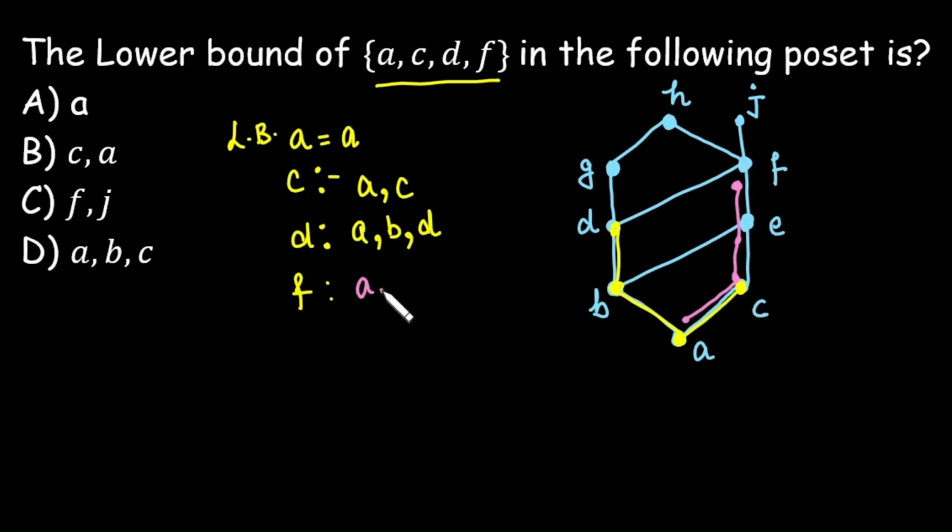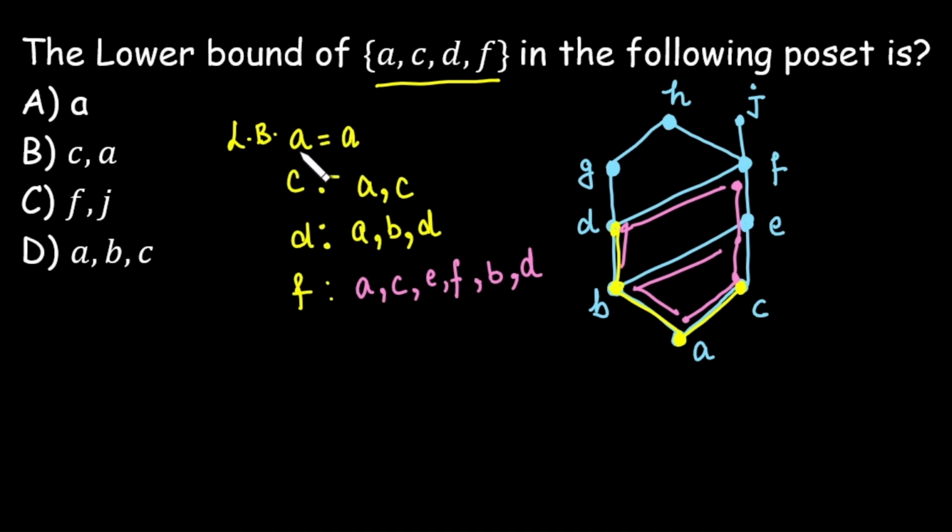So we are getting the points A, C, E, F. Another way is A to B, B to E, E to F. In this case, the unique element is B. Another way is A to B, B to D, and D to F. So the unique point we are getting is D.